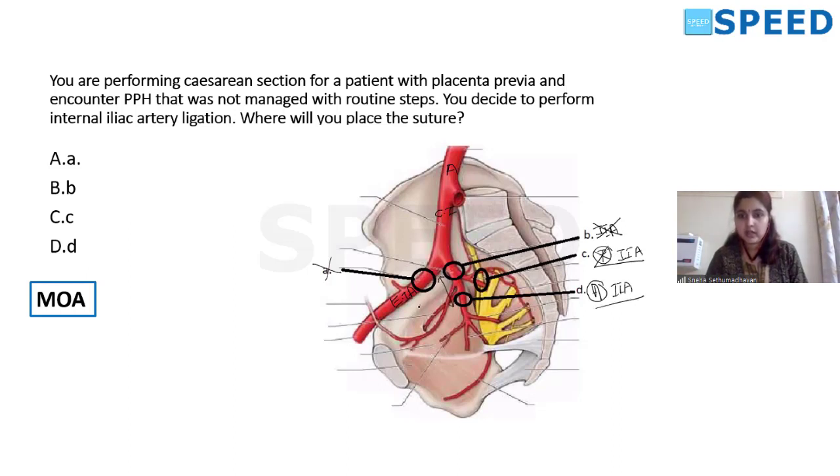So theoretically, you have to place the suture around 5 to 7 centimeter from where the internal iliac artery originates, because this is the place where the anterior branch separates off. First the posterior branch will separate and then the anterior branch will separate. So the answer here will be D.